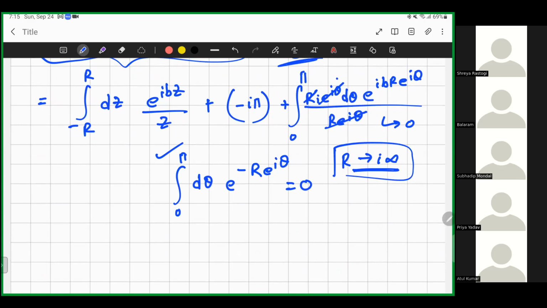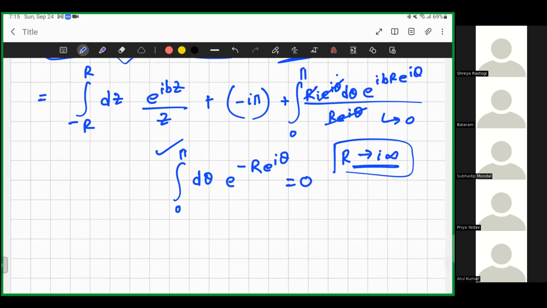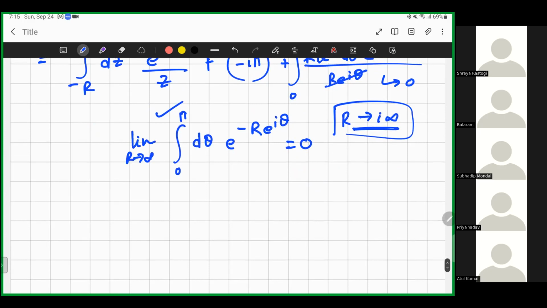In the complex analysis discussion, we took this kind of integral, for example. So this will be zero. Now, if r tends to infinity, then it will be e to the power minus infinity essentially, and e to the power minus infinity is zero.